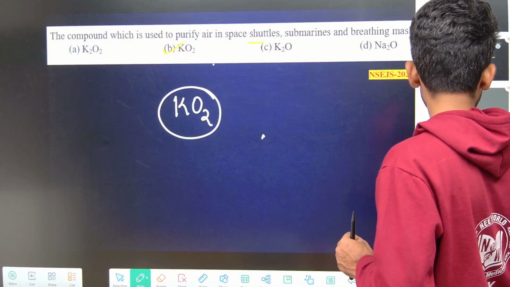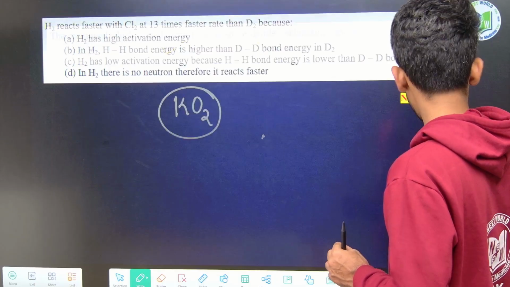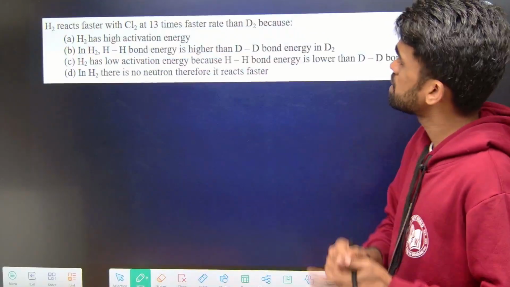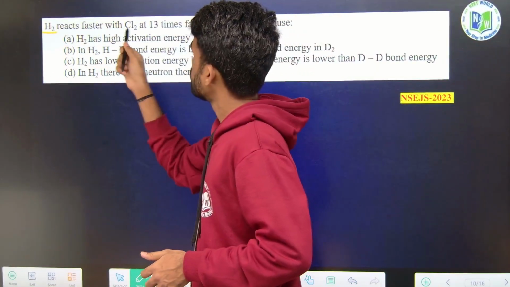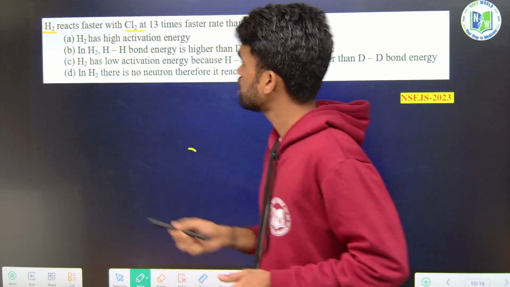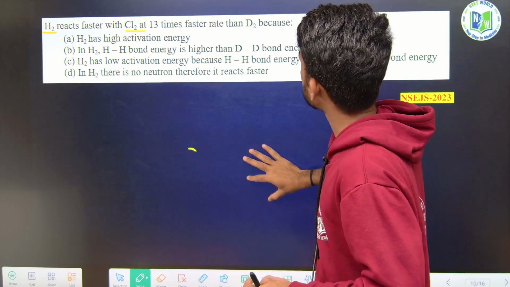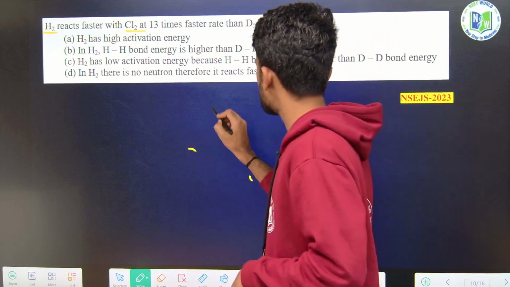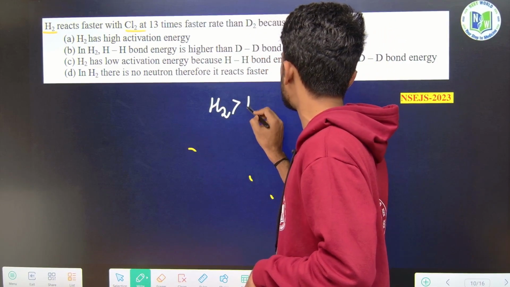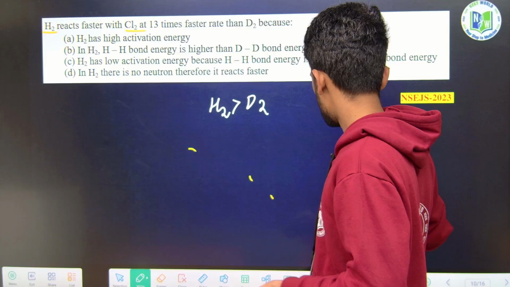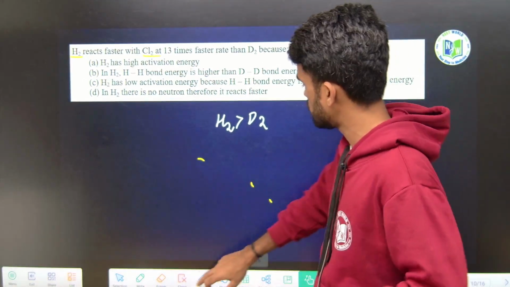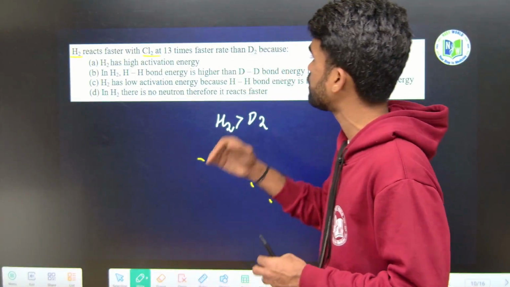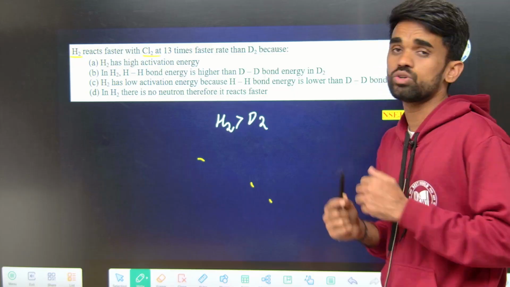Yes guys, look at this. H2 reacts faster with chlorine, at a 13 times faster rate than D2. Why does H2 react more readily than D2 with chlorine? When we react with chlorine, H2 has more reactivity than D2, deuterium.